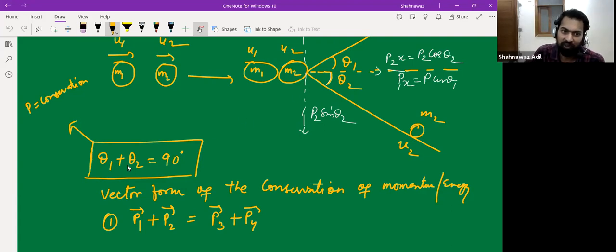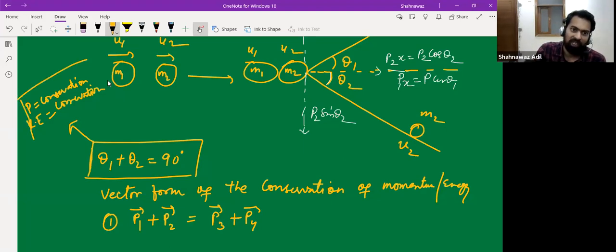If they give you that theta 1 plus theta 2 is 90 degrees, then this collision was an elastic collision. The other way to see this is to apply it, but I don't have time, otherwise I would have shown that theta 1 plus theta 2 will be 90 degrees.